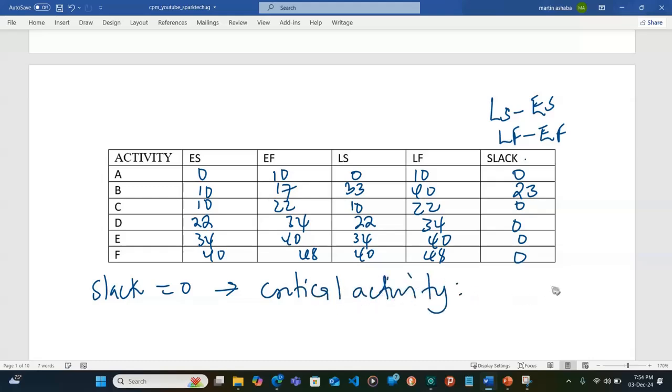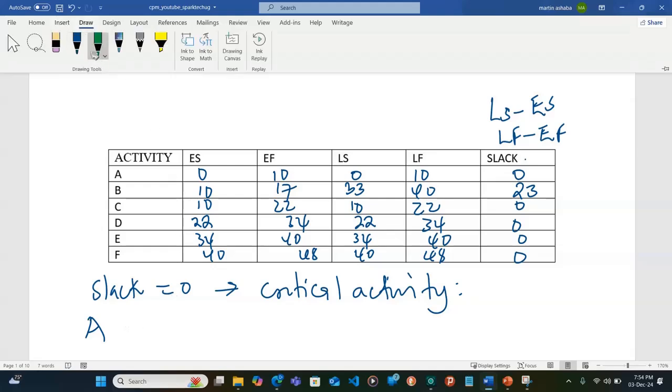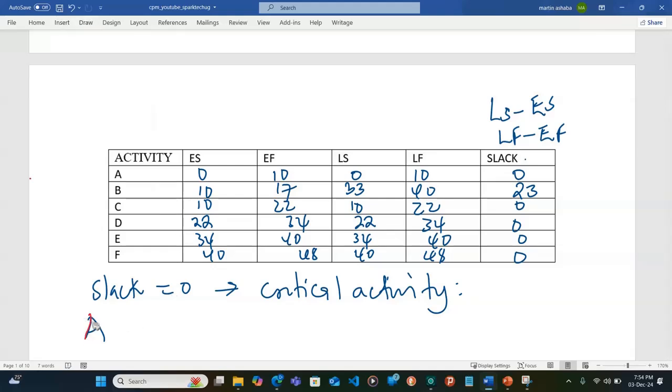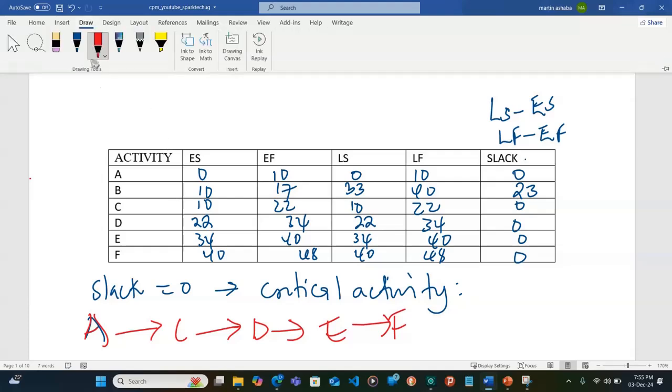So if that is the critical activity, it means that the critical path is going to be comprising of, let me put this. So this is A. So we are going to A, to C, to D, E, and finally to F. So this is what we call the critical path.